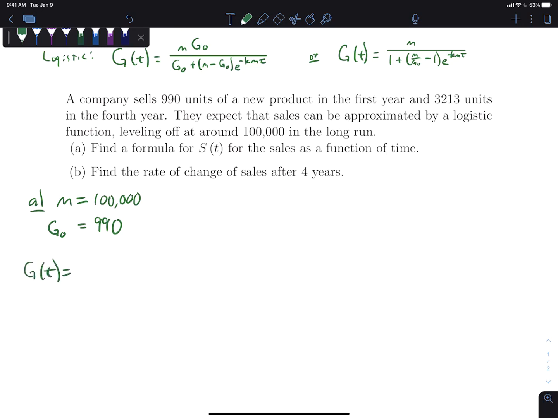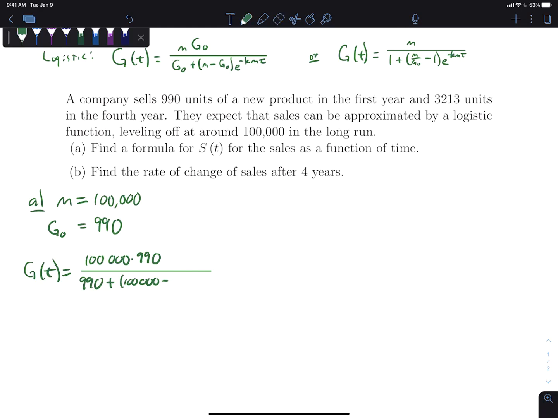That tells me that G of t is equal to M, 100,000, times 990, all over the G0 of 990 plus the M, 100,000, minus the G0 of 990.